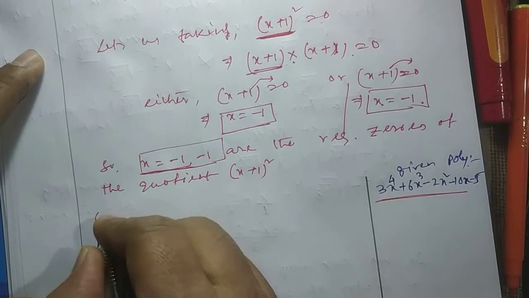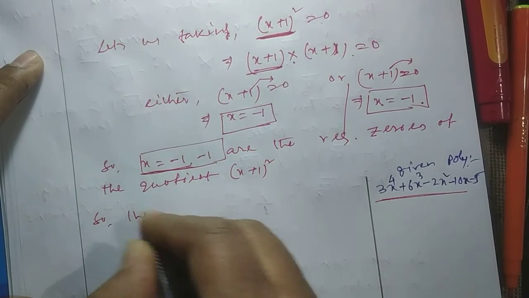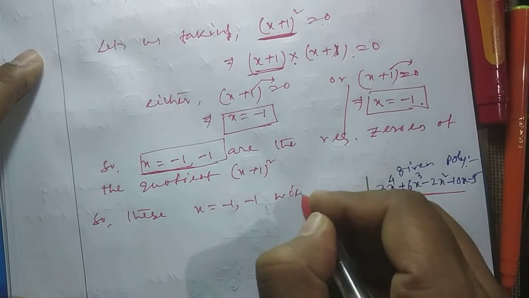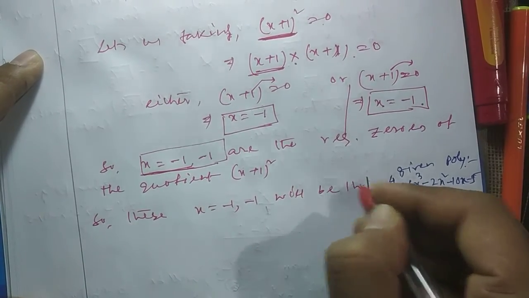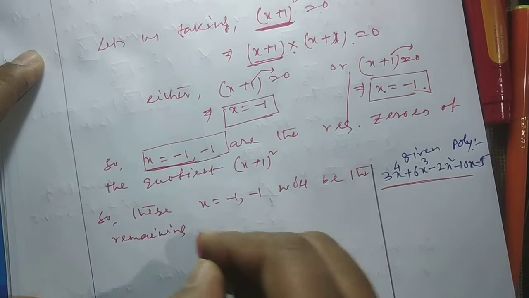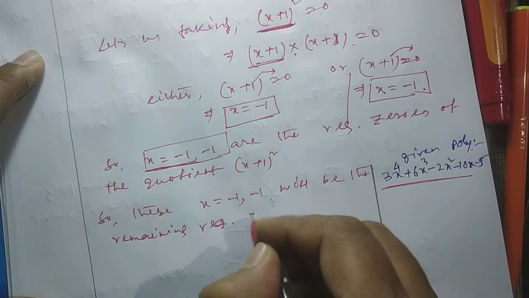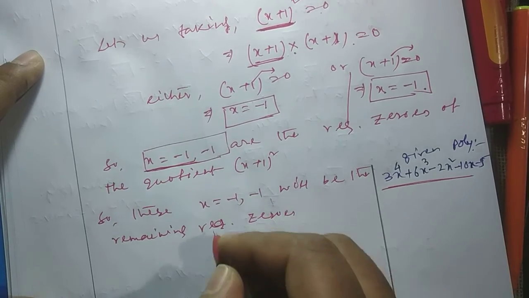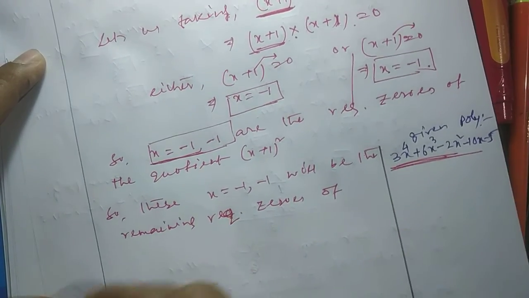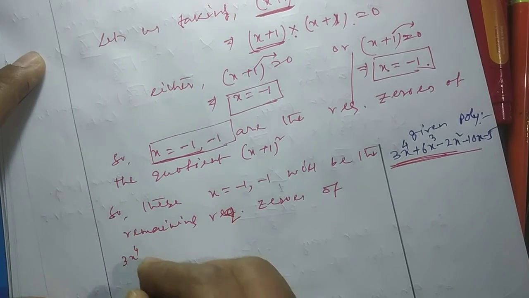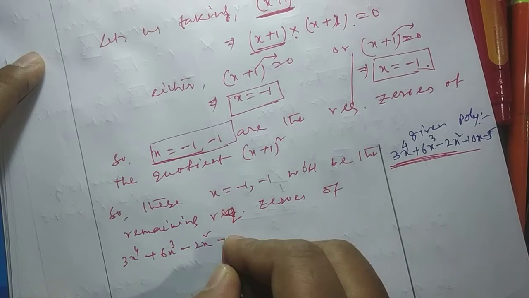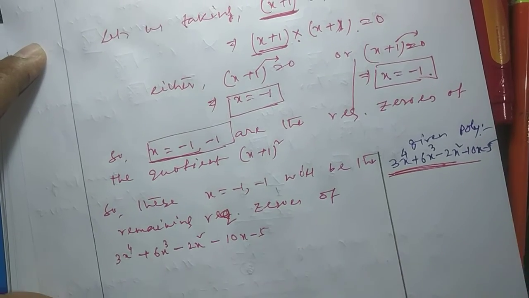So you can say this x equal to minus 1 and minus 1 will be the remaining required zeros of this polynomial of 3x power 4 plus 6x cube minus 2x square minus 10x minus 5.